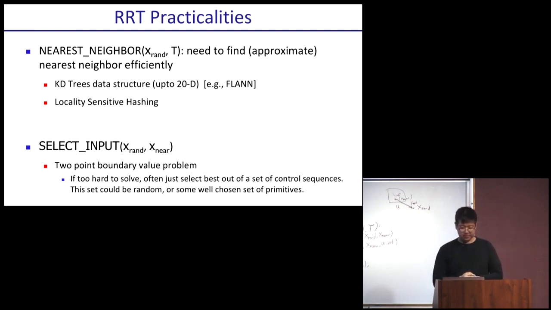Also, select input. It's another two-point boundary value problem that can be solved with optimization, like the previous slide, like in PRM, right? So yeah.